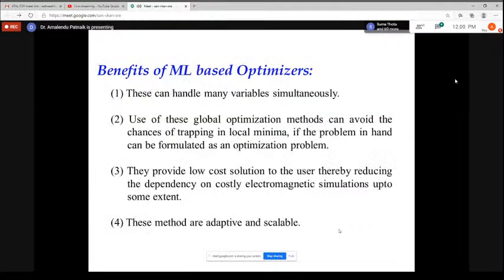Whereas if you go for these machine learning based optimizers, they can handle many variables simultaneously.